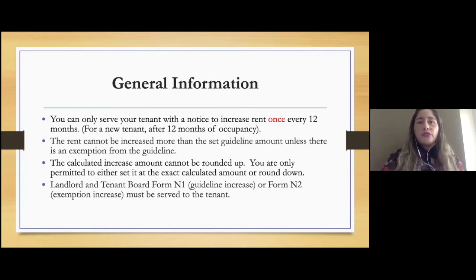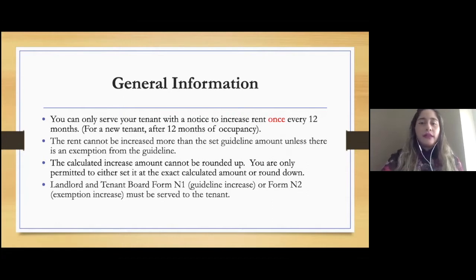Make sure to serve the notice properly, so you do not have to start over. If you have to start over, you have to provide a new notice period, which will delay the effective date of your rent increase. It is important to note that if you don't provide your tenant with a rent increase every 12 months, you lose the rent increase.